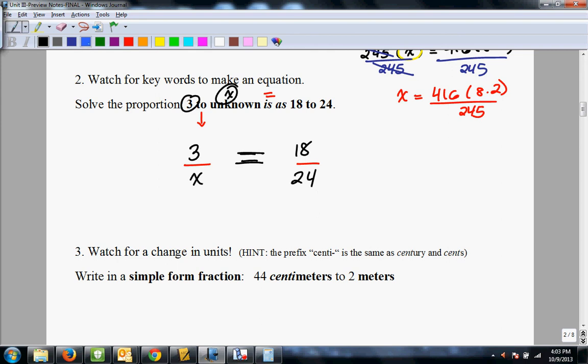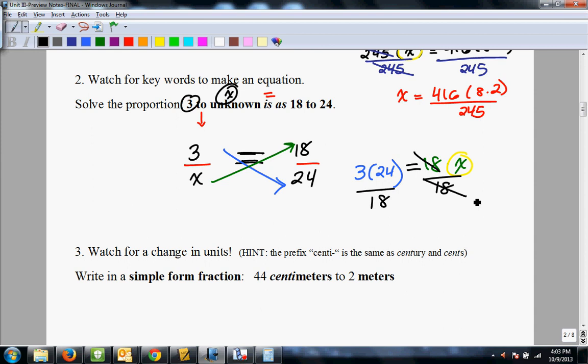Now we're going to cross multiply. We have 3 times 24 equals 18 times x. Do not grab a calculator yet. We want to get x by itself, so we're going to divide by 18.